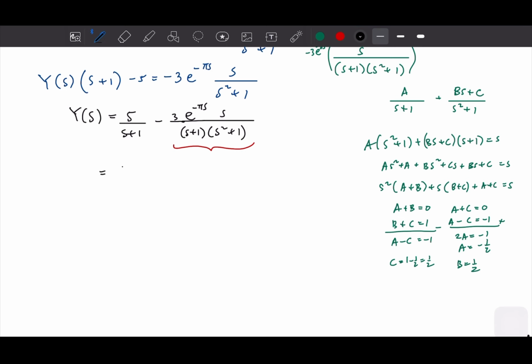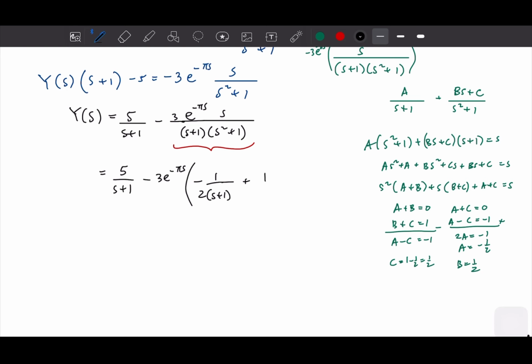So this will be 5 over s plus 1 minus 3e^(-πs). And the whole thing here, a is negative. Okay, so we could write negative 1 over 2 and then s plus 1, and then plus b is half.